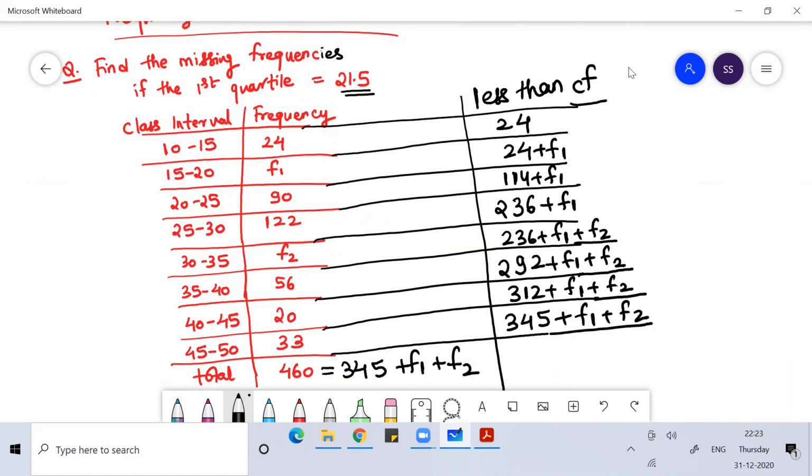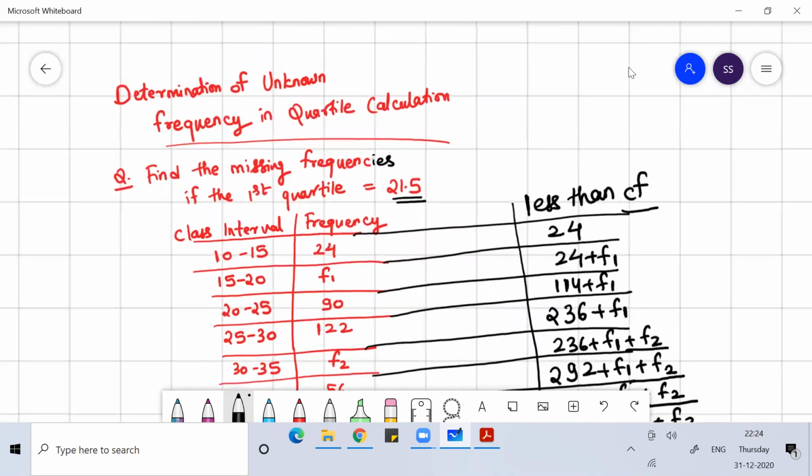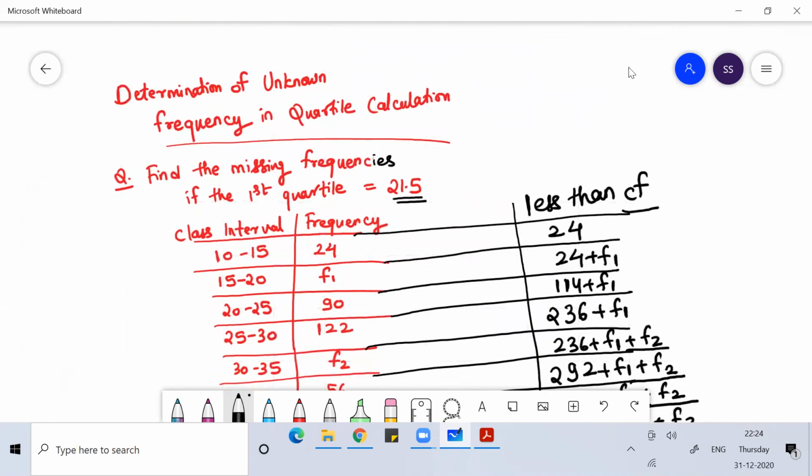Okay, everyone. Now, guys, I really want you to understand that whenever you are doing any calculation of quartile, percentile, or decile, where the values are given to you and you are working on an unknown frequency, the first thing you need to do is see the value which is given to you.